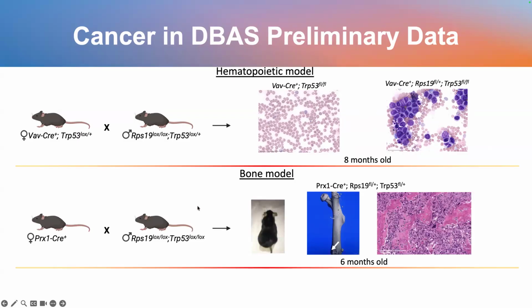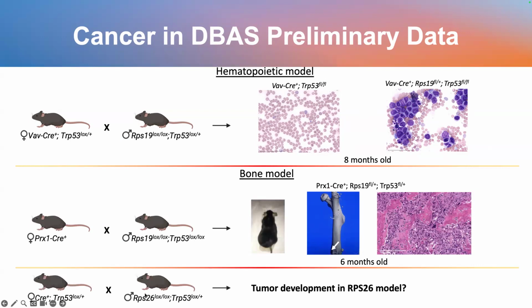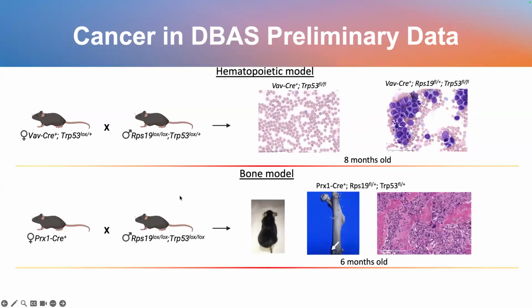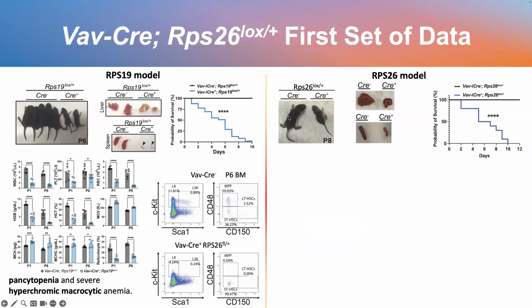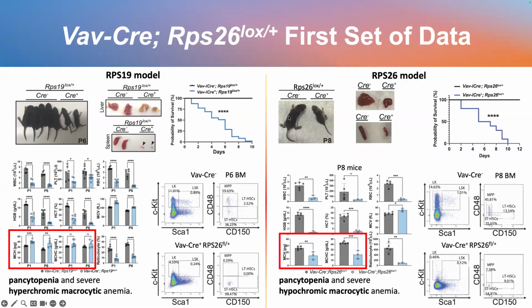So of course, then you're thinking, what happens in an RPS26 model? So we created the RPS26 model. While I don't have the cancer part yet, I left that for people to look into, because it's an iron seminar as well.